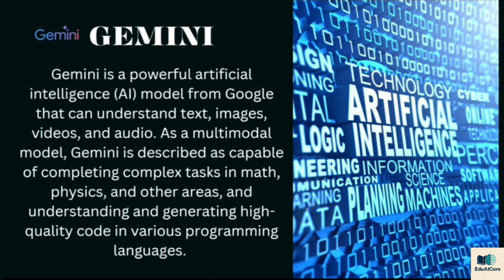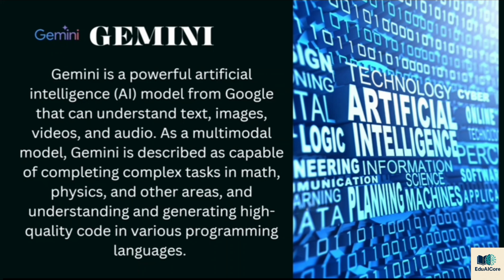As a multimodal model, Gemini is described as capable of completing complex tasks in math. If you give it a complex task in math, Gemini will be able to solve that. If you give it any equation or any type of problem in physics and other areas, it tries to understand your question, decodes it accordingly, and tries to fulfill your need.